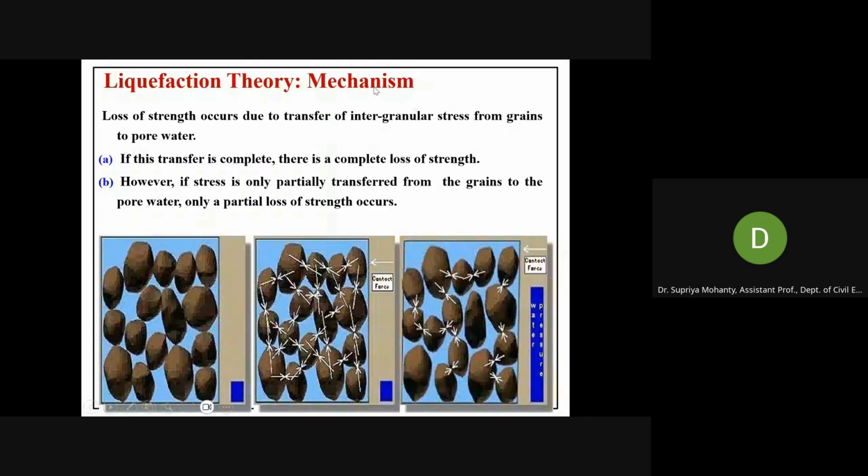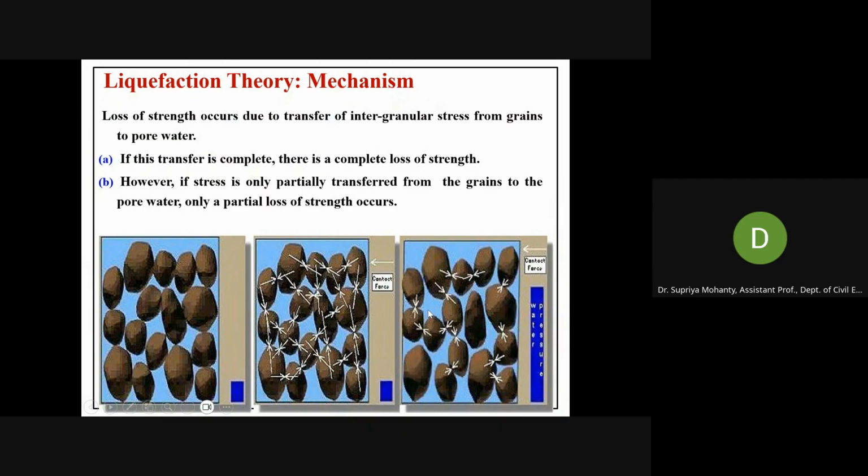And the basic mechanism of liquefaction is the loss of strength that occurs due to transfer of intergranular stress from grain to pore water. If you see this first image, it shows the at rest condition where there is no shaking, and this shows the contact forces, particle to particle contact, and this blue color shows the static pore pressure. During shaking, under undrained condition, pore water pressure increases, and this particle to particle contact reduces.